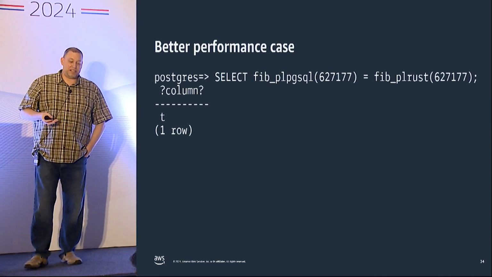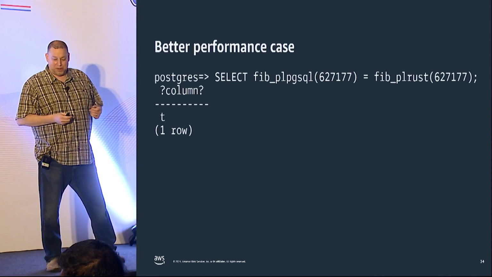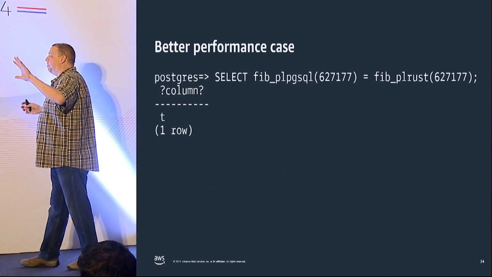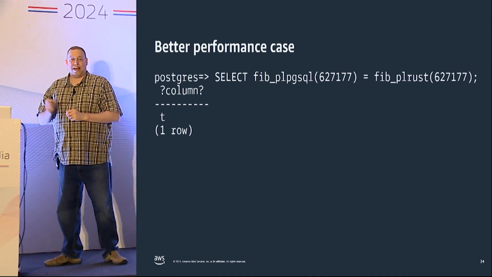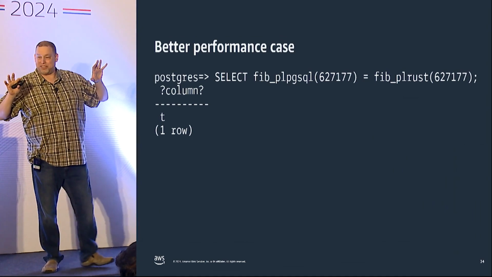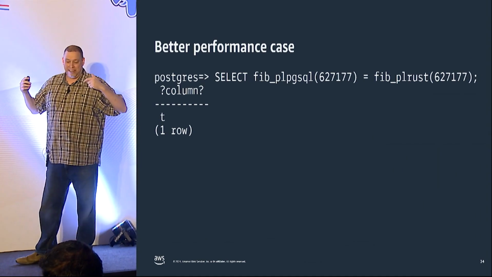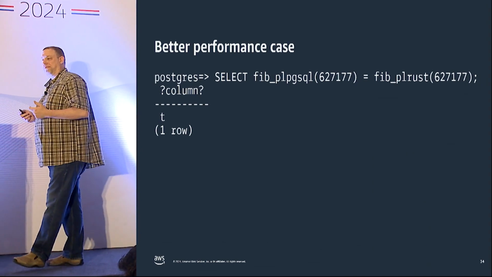Just to make sure that I got the code exactly right, I compared the fib PL/pgSQL to the fib PL Rust, and it got back true. So they're returning the same answers. If you notice, I'm getting the Fibonacci of 627,177.